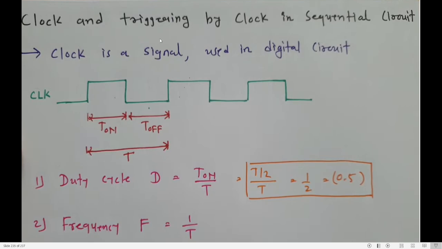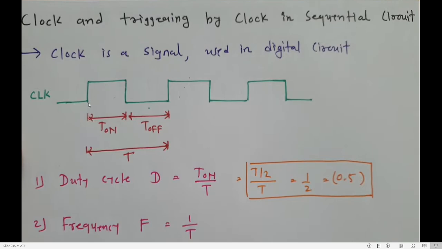Clear? Since it is a digital signal, we are writing it as digital pulses: 0, 1, 0, 1, 0, 1, 0. Okay. So a clock is a signal that is used in digital circuits. Since we are using the signal in a digital circuit, it should be digital in nature. So it is 0, 1, 0, 1, 0, 1 and 0.